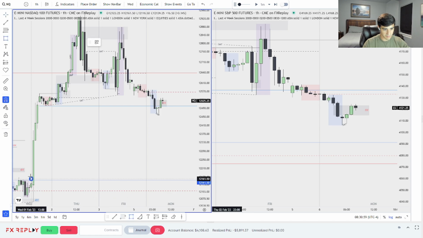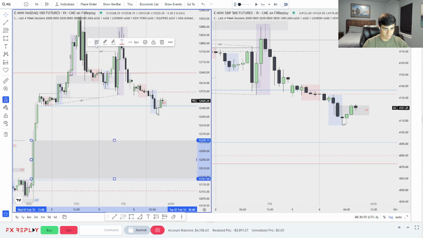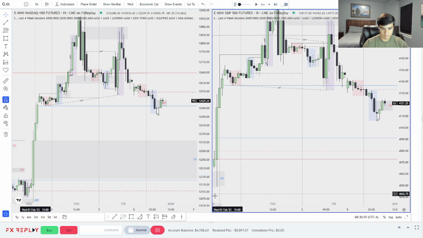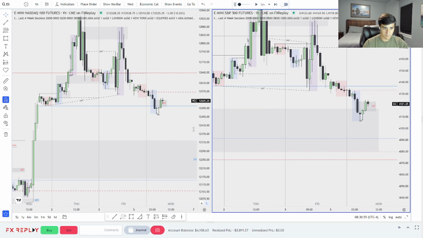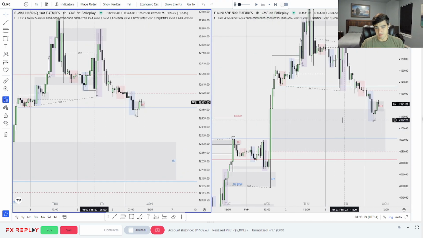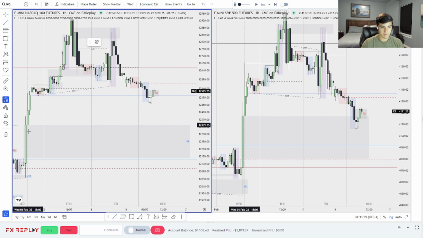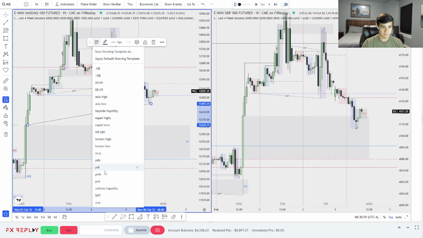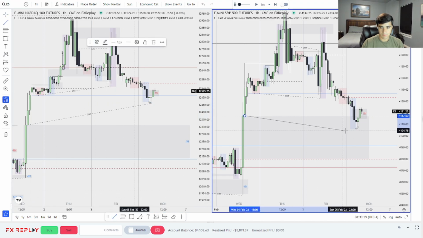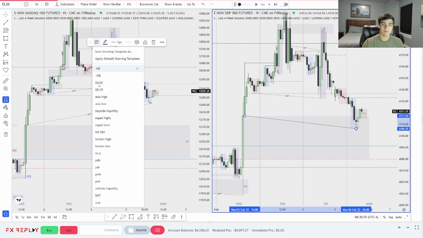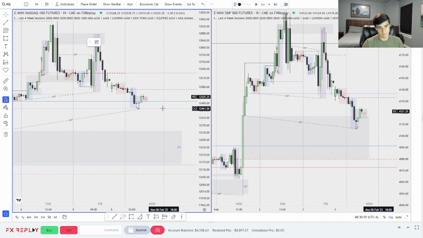Here's an hourly imbalance within that daily imbalance. I'll probably mark this. And that would be a higher time frame SMT, because ES is tapping into this imbalance, but NQ is not, so that's also an SMT.